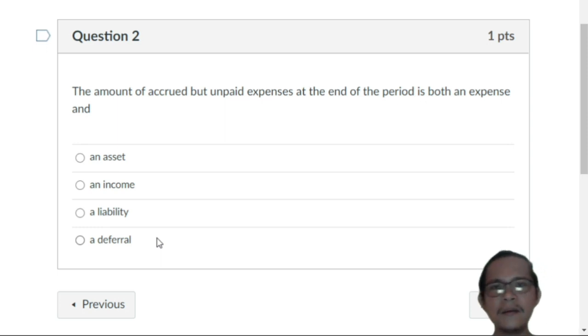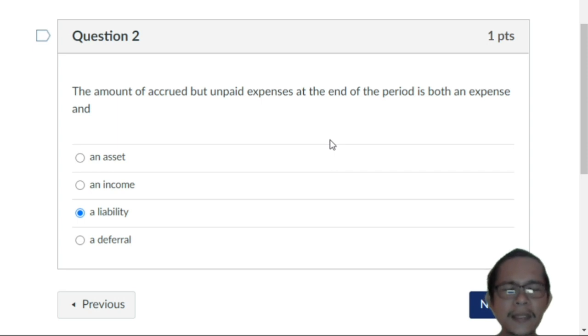May debit ka, may credit. So, unpaid expenses na inaccrue, that is an expense and a liability. Debit, accrued expense, credit, accrued liability. O kunwari, that is accrued salaries, debit, salaries expense, credit, salaries payable. Okay, so that is question number 2.